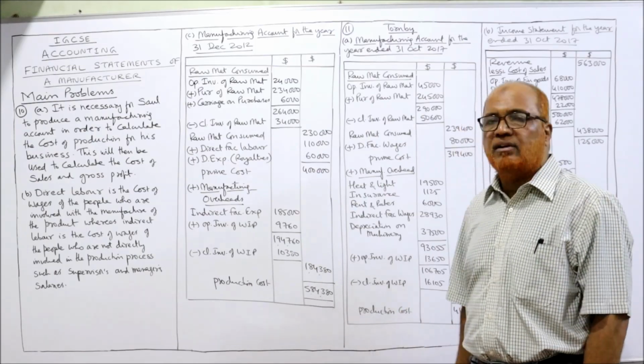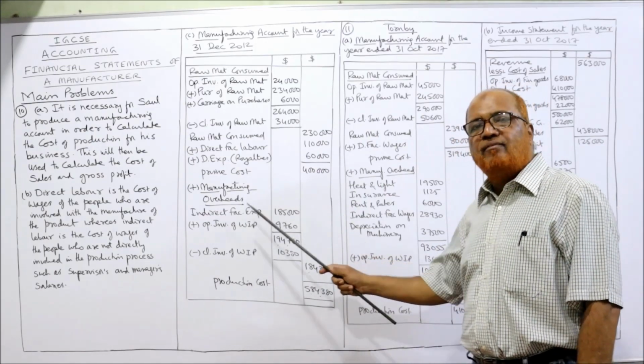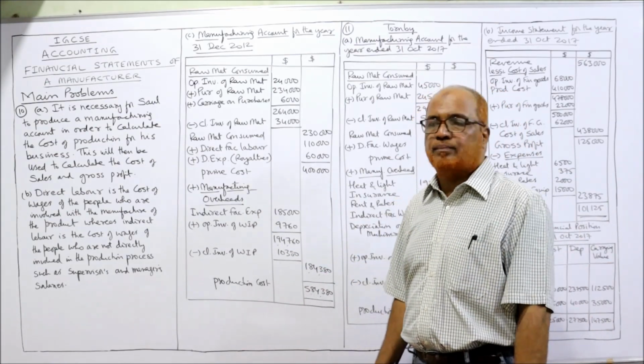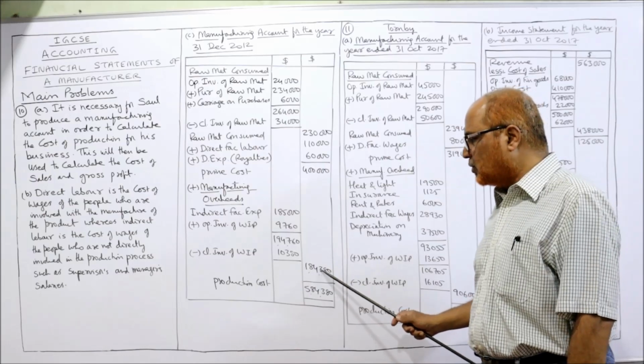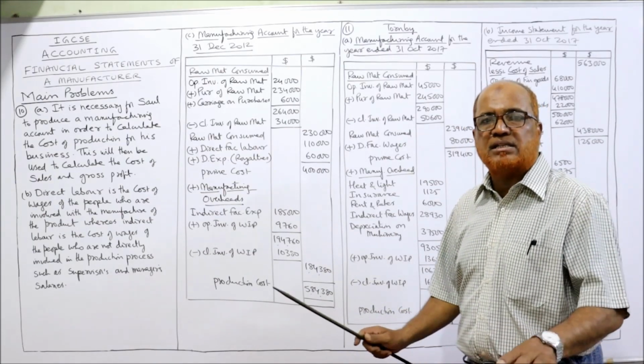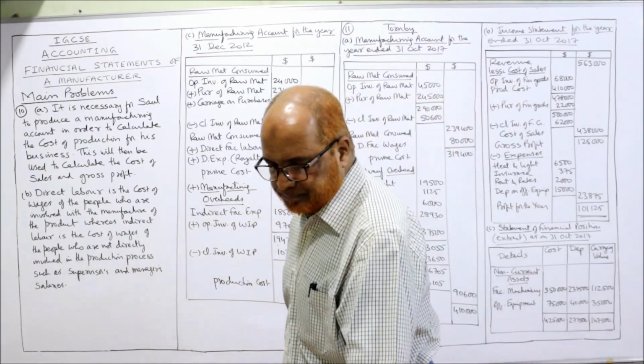Subtract, we will get 1,84,380. We got the prime cost and we got the manufacturing overhead. Add up both. So 4 lakh plus 184,380, 584,380 is the production cost. That's it. So this is the end of problem number 10.